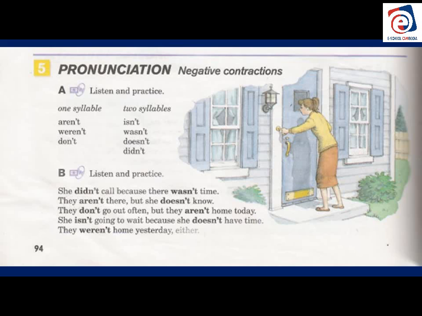Didn't. Small little didn't. Small little t. Didn't. Wasn't. And so your tongue, to make that sound, must touch the top of your mouth for a moment. She didn't call because there wasn't time.